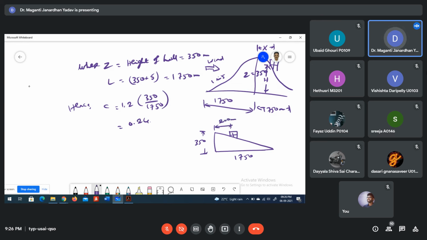We have the proposed structure, and the bottom of this is the unit by H. Can you calculate H, Baba? It is 310. Yeah.